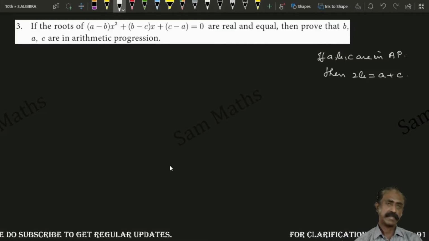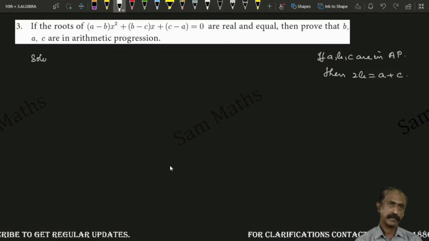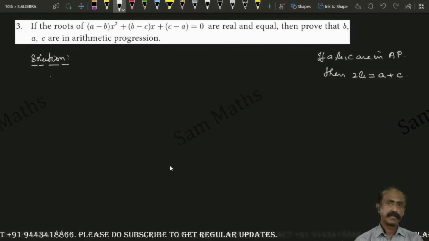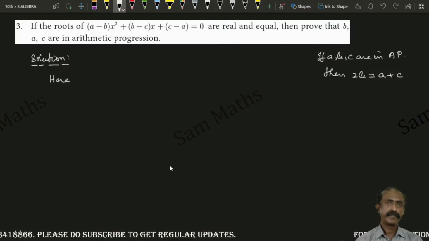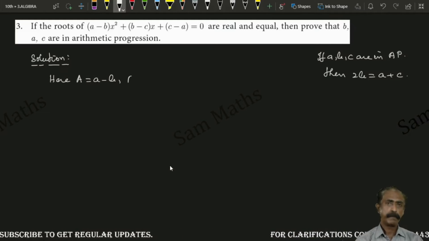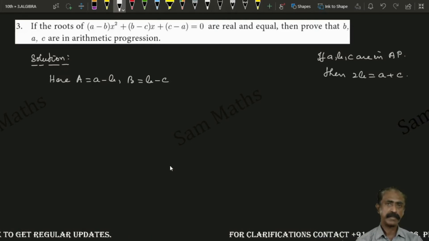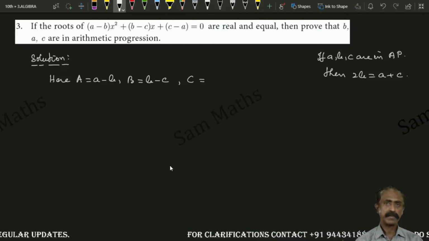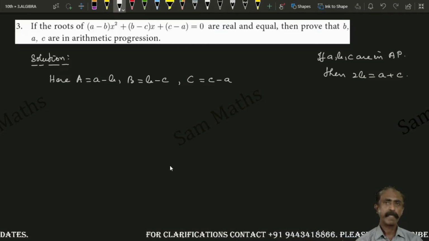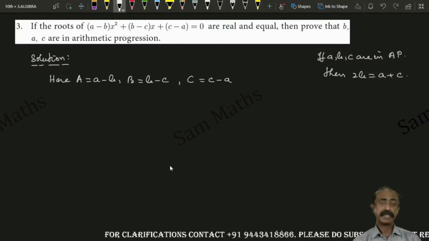Now we can start this problem solution. Here a is equal to a minus b, b is equal to b minus c and c is equal to c minus a. Here it's given, it's real and equal.